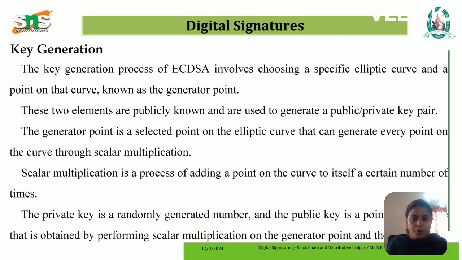The generator point is a selected point on an elliptic curve that can generate every point on the curve through scalar multiplication. Scalar multiplication is the process of adding a point on the curve to itself a certain number of times. The private key is a randomly generated number, and the public key is obtained by performing scalar multiplication on the generator point.